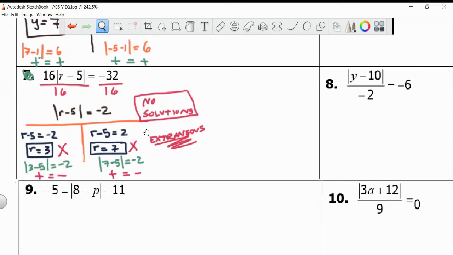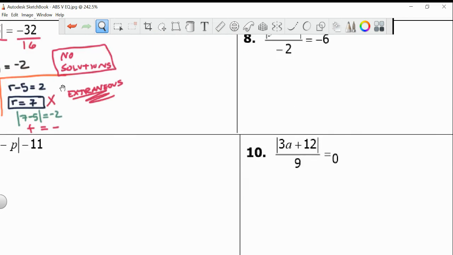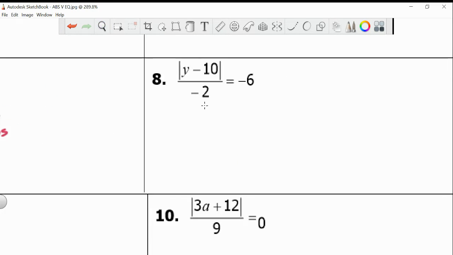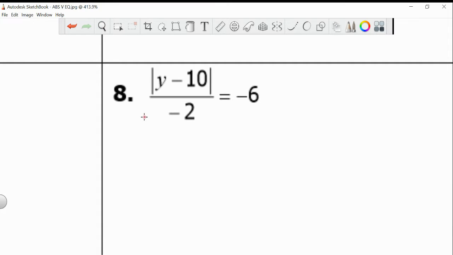Okay. What we've got now is a couple different things. Let's look at a question like 8 and 10 just really quickly. Number 8, how are we going to move this 2 so that we can isolate our absolute value? How do we move the 2? Yeah, exactly. This is an absolute value that is being divided by negative 2.